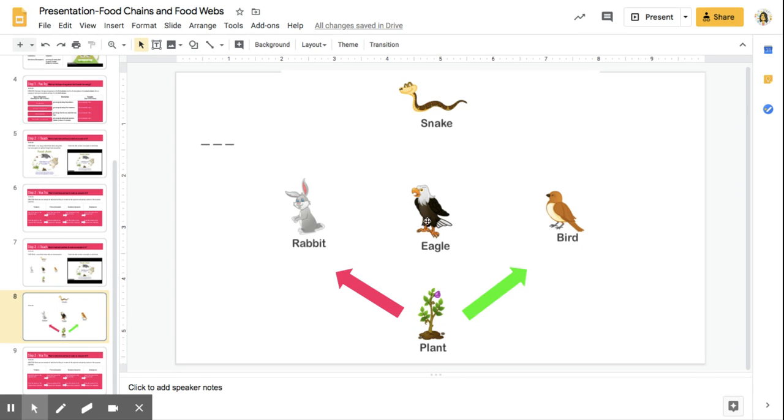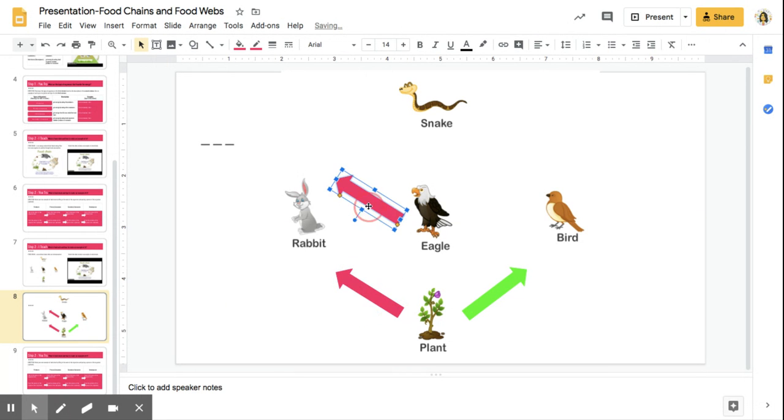We know that eagles are carnivores, or secondary consumers. They are fed with meat. So I'm gonna put an arrow from the rabbit towards the eagle to signify that the rabbit is being eaten by the eagle.